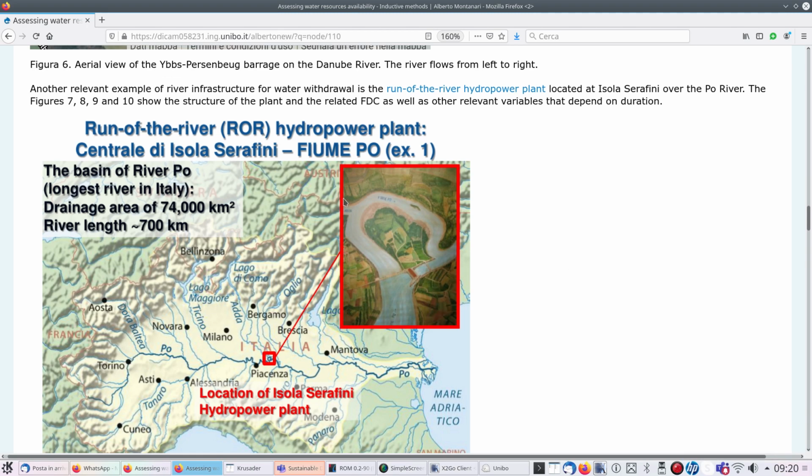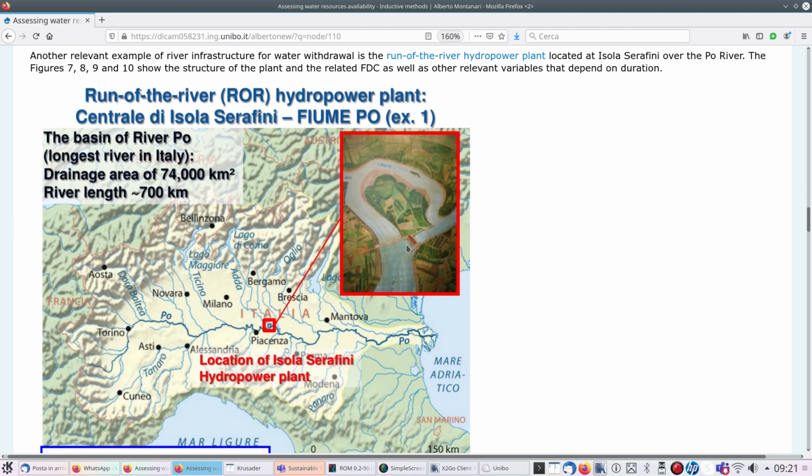Basically, they use a meander of the Po River to produce hydropower, because you see the map of the meander here. The meander is quite long, and they had the idea of cutting the meander, so getting a much shorter channel connecting the upstream meander with the downstream meander.